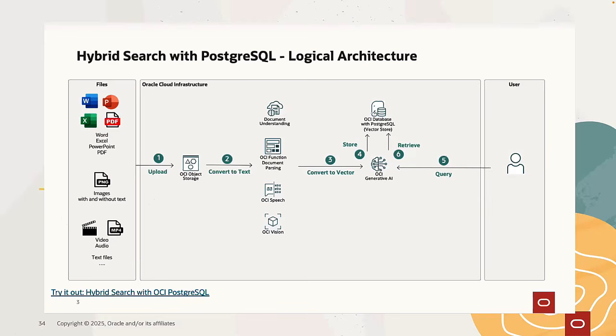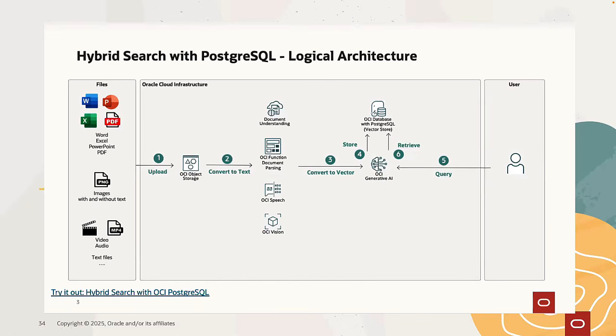And when they convert those to these vectors, they then store them in Postgres, which is going to be our vector store. And the user on the other end can query the application using OCI Gen AI services, and it retrieves those depending on whichever AI service is being used. So this is a very simple version of how it is.